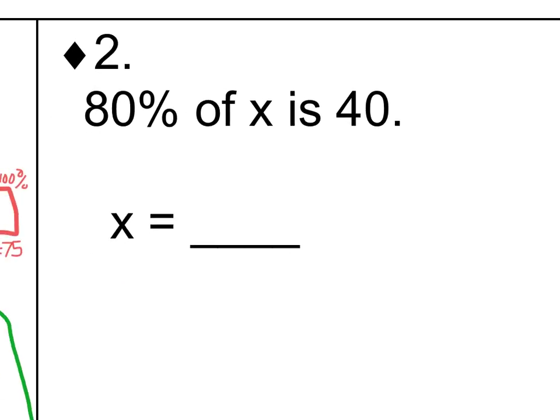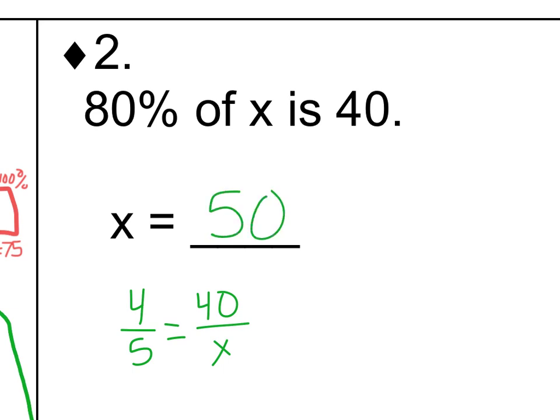So for number 2, we've got 4/5, right? 4/5 is 40x, which is times 10, so x is 50. Right? Times 10. If I wanted to cross multiply that, again, you could write 80 over 100 instead of 4/5, right? That's equal to 80 over 100.